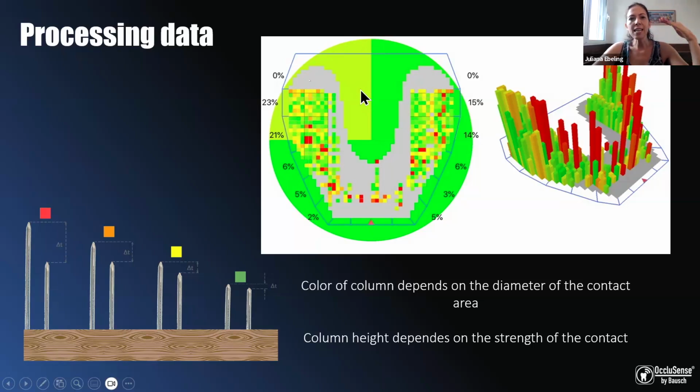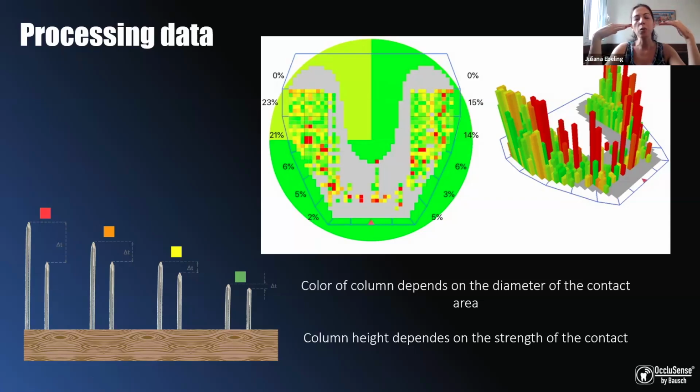For an ideal distribution, we have punctual contacts, represented by red columns, with the same intensity. We will see this representation in some cases. And in this pizza graphic, we have all these regions in green. This is an ideal representation of the occlusion.